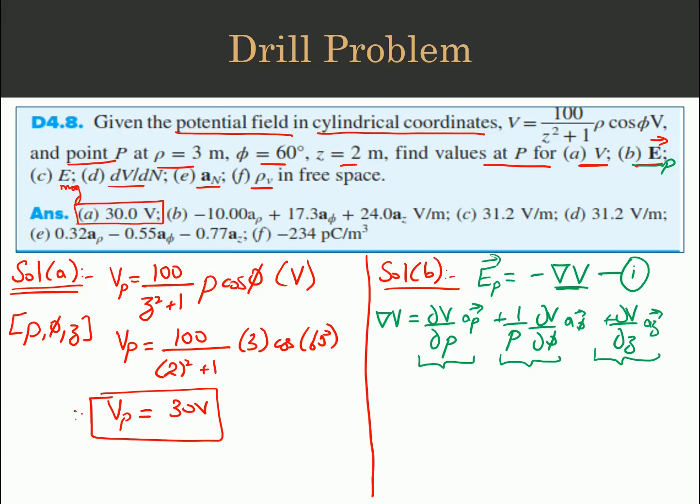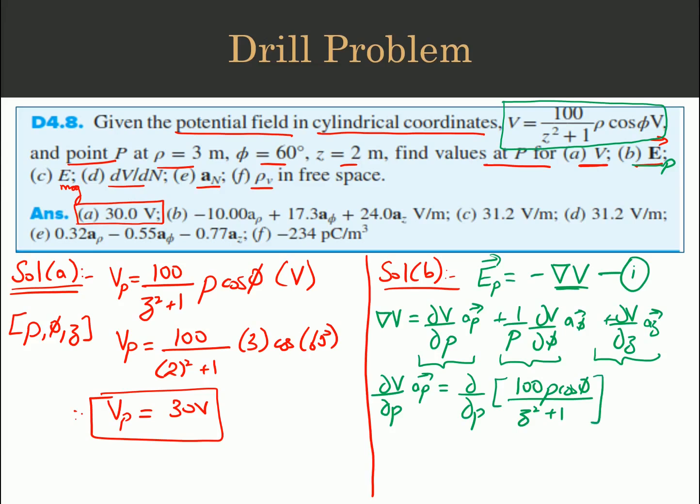So we take the partial derivative of V along rho, a rho. What is V? V is basically this portion. So let us take the partial derivative of this along rho. The partial derivative of V, that is 100 rho cos of phi divided by z squared plus 1.